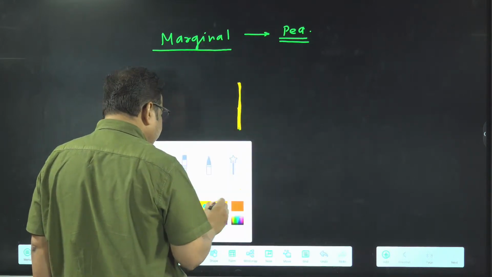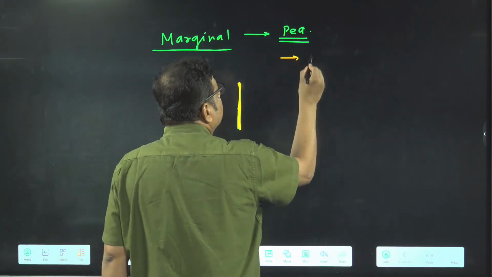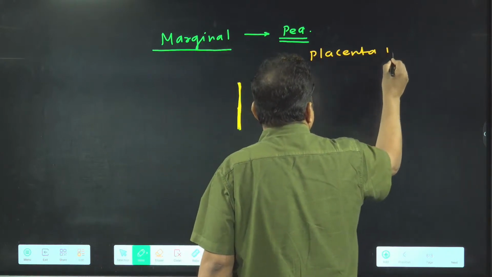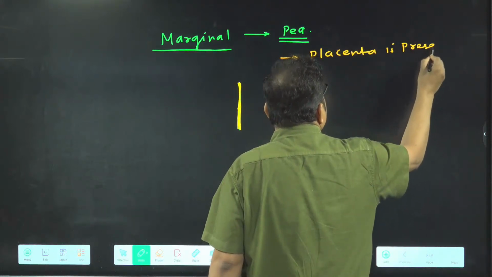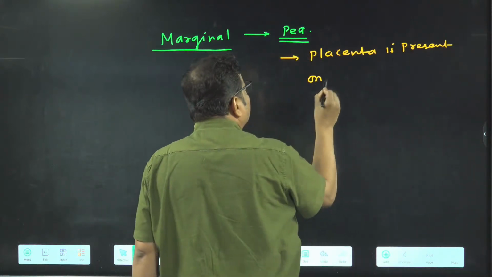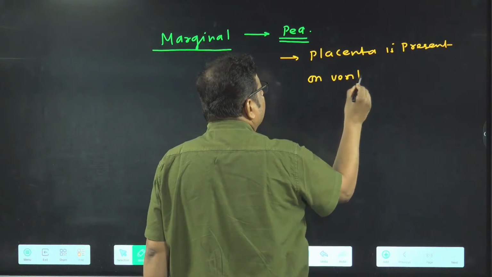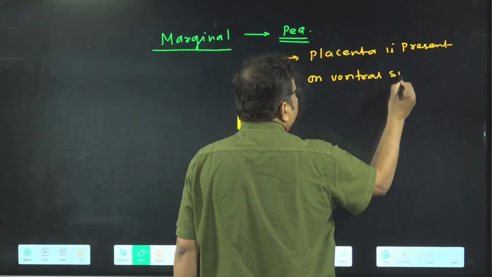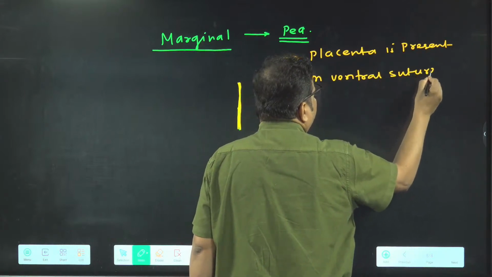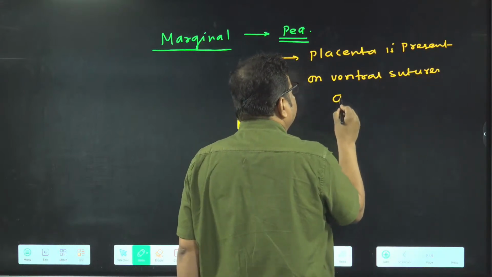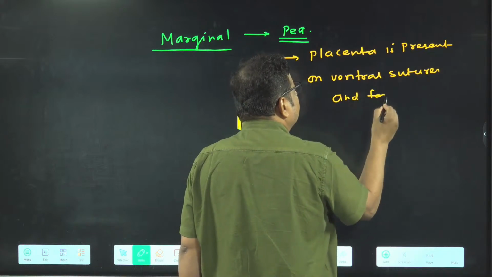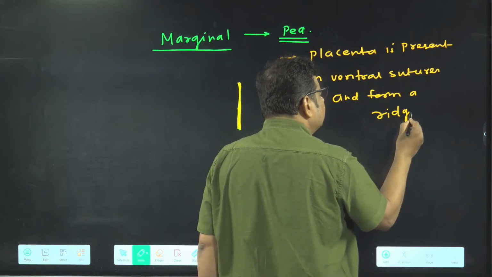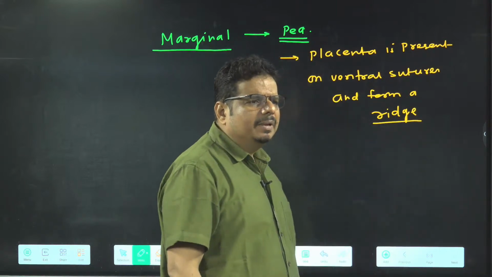So what important character do we have to keep in marginal? Placenta is present on the ventral suture, where the sutures are joined, and forms a ridge. What is the meaning of this ridge?